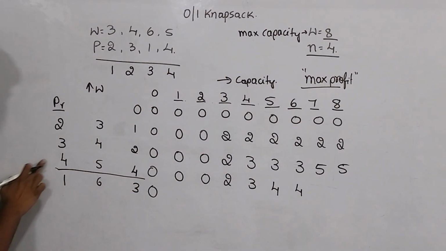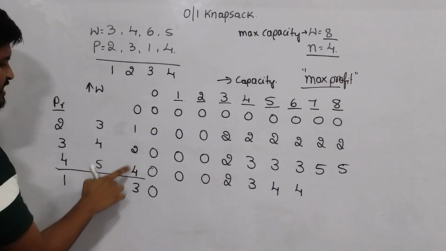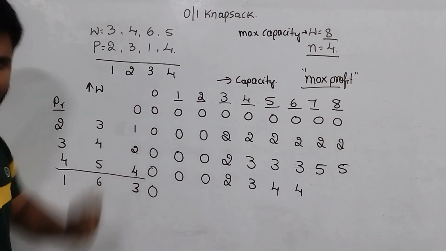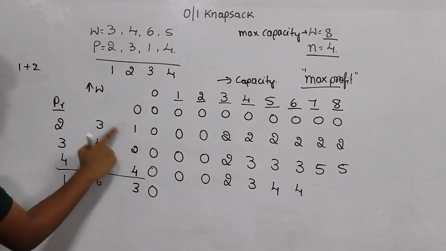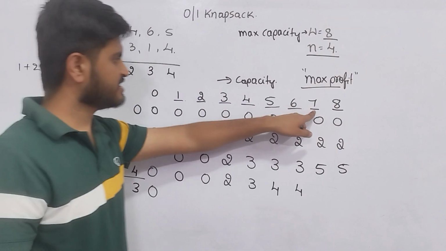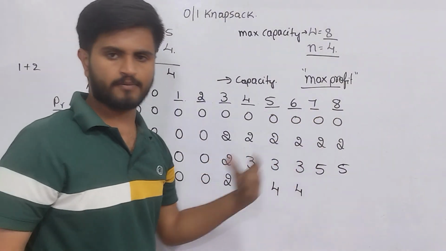Now 7 is the maximum capacity. I can fill first, second and fourth objects directly because their weights values are less than 7. And I can fill the first item with second item because their weights are 3 and 4. If you add 3 plus 4, which will be equal to 7, you can fill the 7 weighted values in the 7 capacity box.